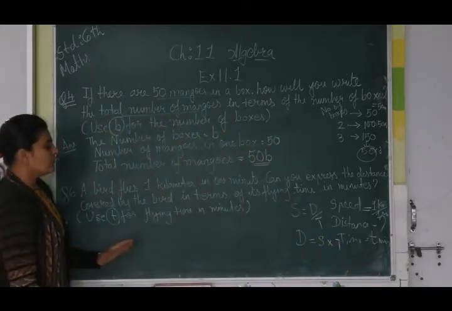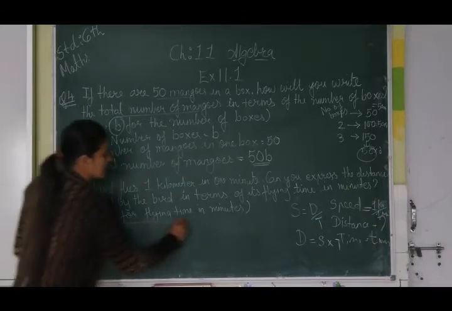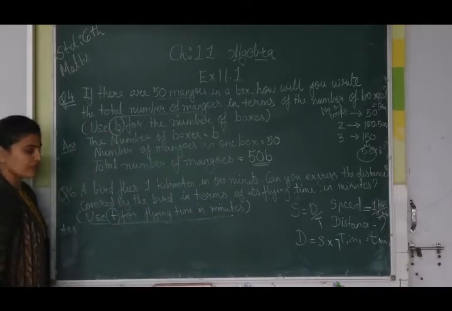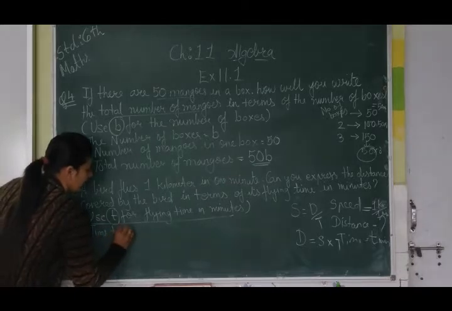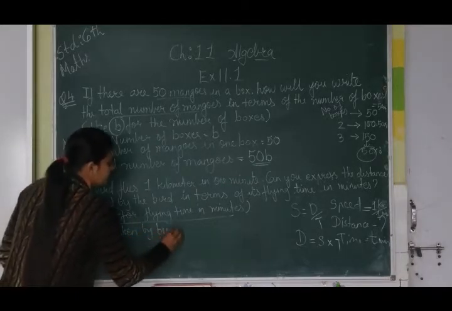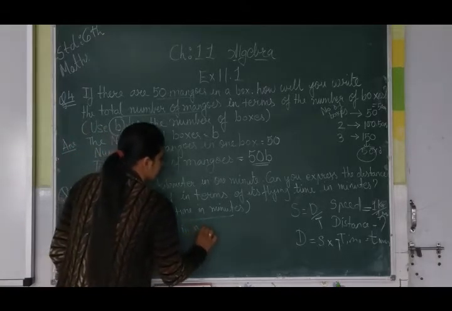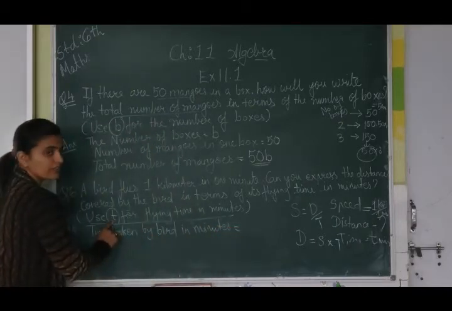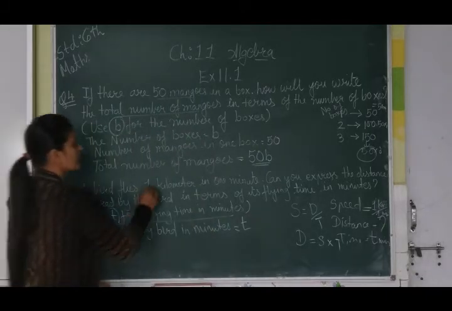So let us see how we have to write down the answer. First, what is given, that we will write down. The flying time in minutes is given as T. So here we will write: time taken by bird in minutes is equal to T. Now another thing, speed is given.